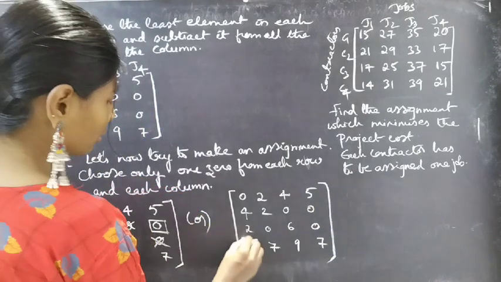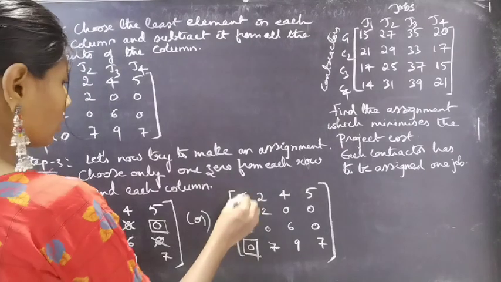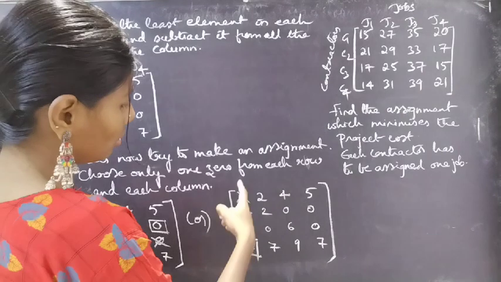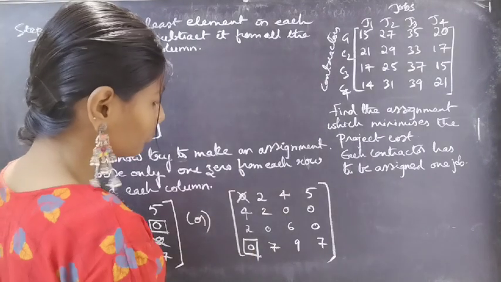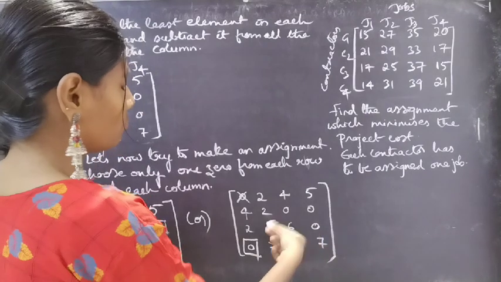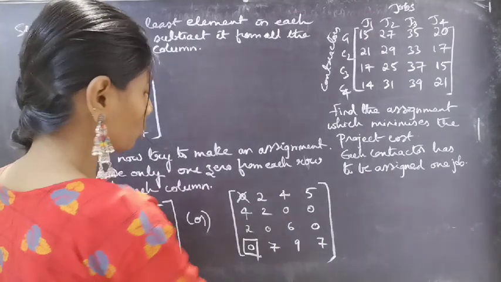If we assign the last 0, we'll cross the 0 which occurs in the corresponding column. Now you can simply assign by looking at rows.